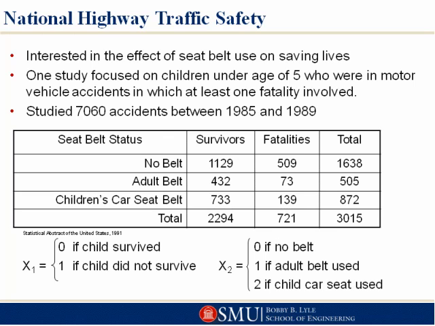As you see, one variable, X1, looked at the survivability. If a child survived, the random variable had a 0 assigned to it. If the child did not survive, the random variable took a value of 1. Then they looked at the seatbelt status associated with each of those children, and X2 tracked it: if no belt was worn, the random variable took a value of 0.